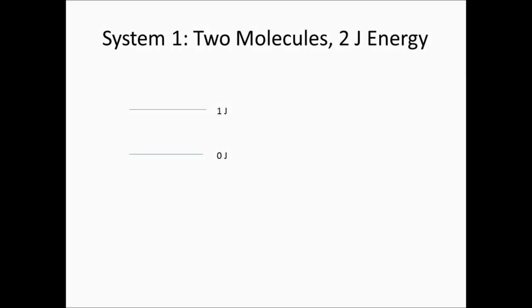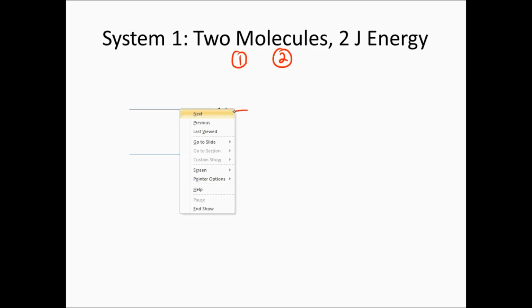So let's think about two molecules, molecule 1 and molecule 2. So these are our two molecules, and we have 2 joules of energy overall. If I put it in energy level 0, it'll have 0. I put in this energy level here, I have 1 joule.